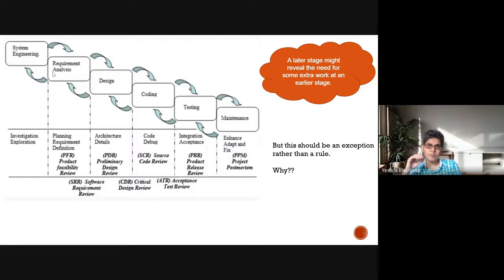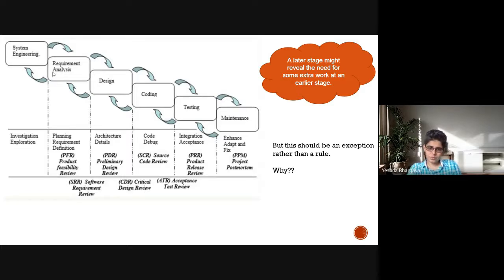So the iterative model essentially created this room in the waterfall model that at a later stage, when you find out that there's a need for extra work in an earlier stage, you go back to that earlier stage, try to rectify it, and then percolate down the usual traditional waterfall model.